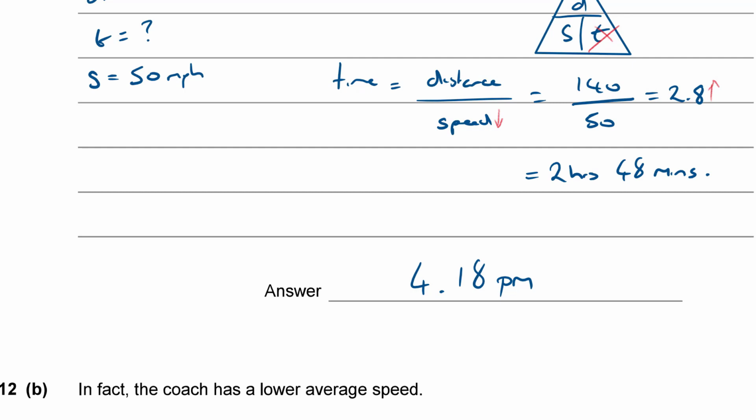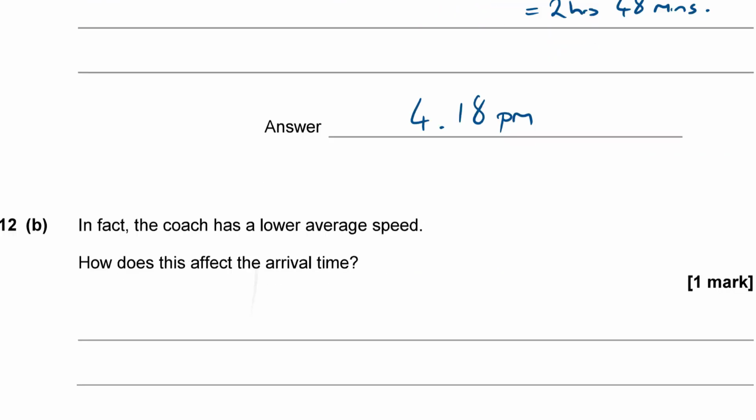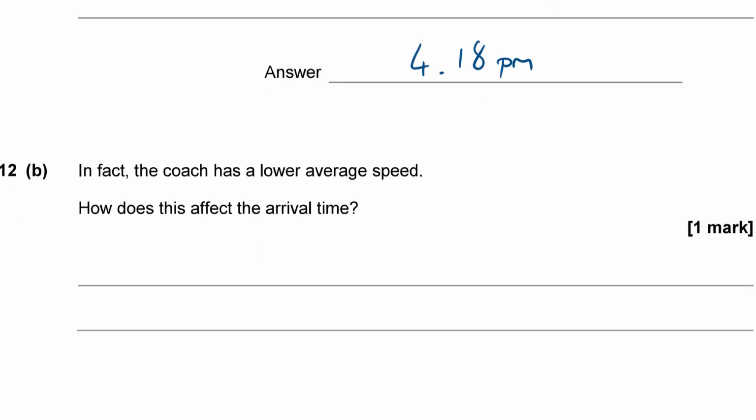So that means the time is going to increase, and if the time is going to increase, then I'm going to be arriving later than the time I had before. So in fact, the coach will arrive later than planned.